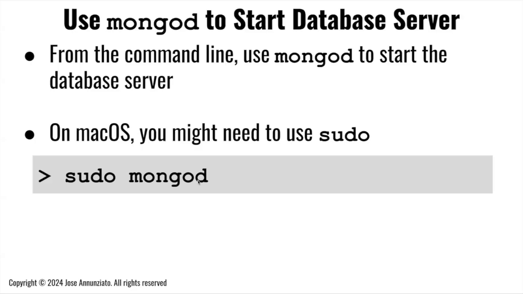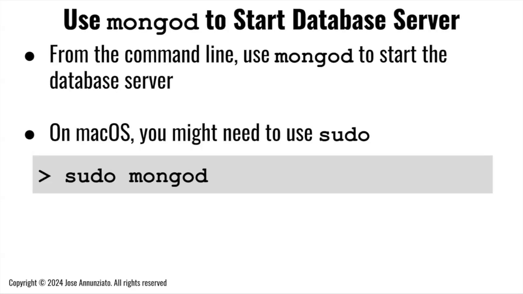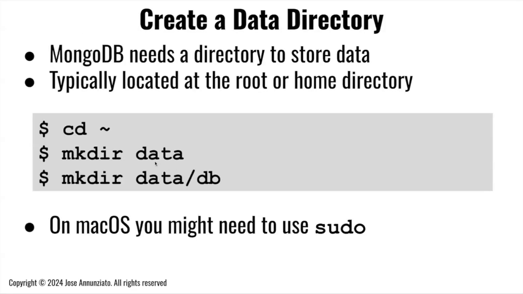If you just run it like that, it's going to look for the data folder in its standard place, which is at the root of the file system. But oftentimes, folks don't have permission to create folders at the top level root directory. So if you're not a system administrator or you don't have enough permissions, then you can create it in your home directory.